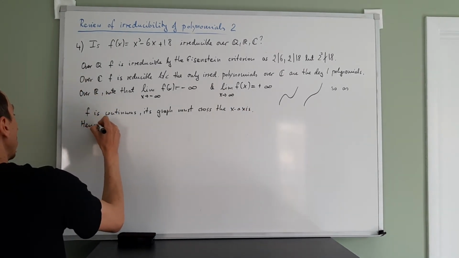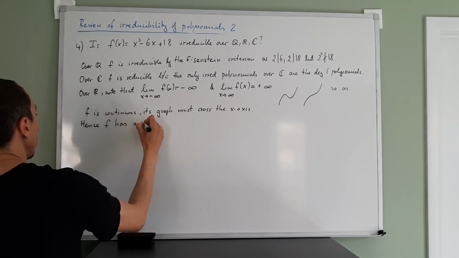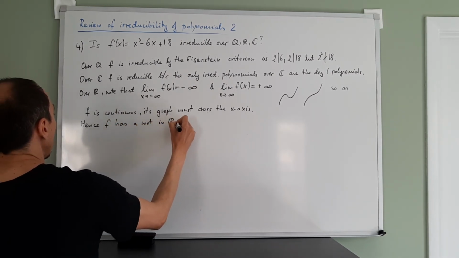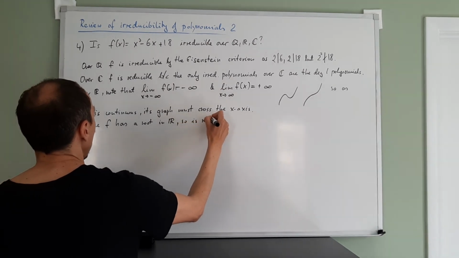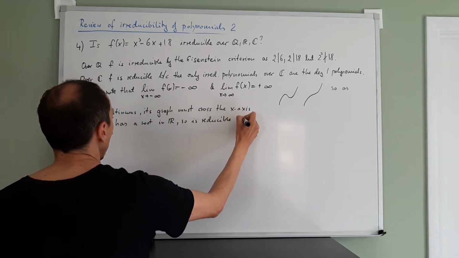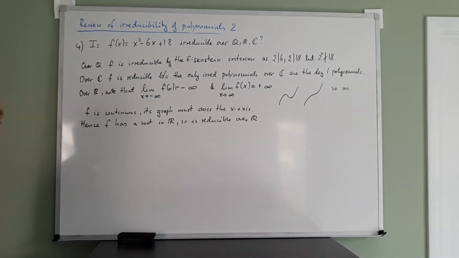Hence, f has a root in R, so it is reducible over R. Now, if you ask me to factor it into irreducible factors over the reals or the complex numbers, that's a difficult problem because it's a cubic polynomial, and there is something called the cubic formula, but it's actually quite complicated. But the irreducibility actually in this case can be settled in an easier way.